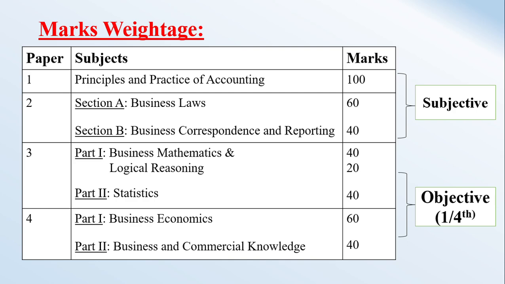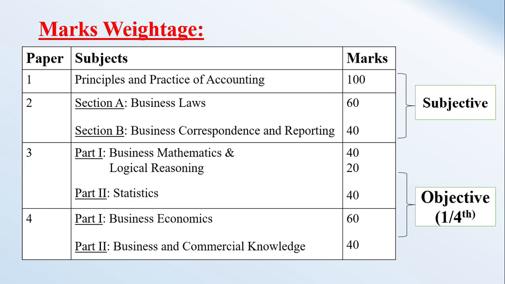And paper 3 divided into two parts, part 1 business mathematics with 40 marks and logical reasoning with 20 marks, and part 2 statistics with 40 marks. And paper 4, which is divided into two parts, part 1 which carries 60 marks and part 2 which carries 40 marks.